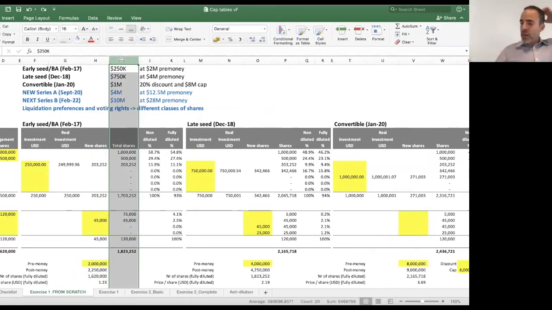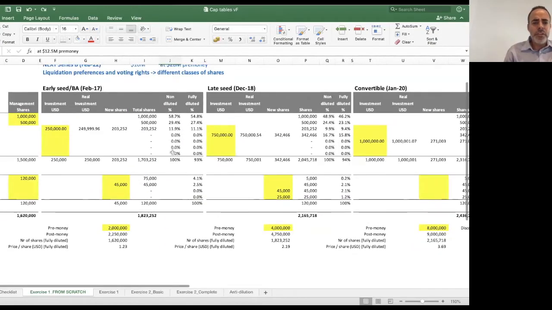The whole Excel is going to get bigger, but if you maintain it tidy and symmetrical and use color coding, it's going to be quite easy to understand and follow. But this is down to each and everyone's style, so you can decide to do it differently.